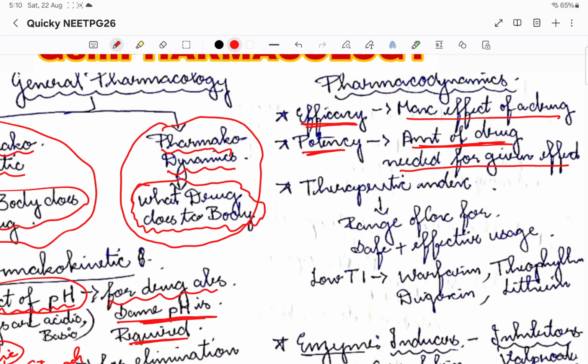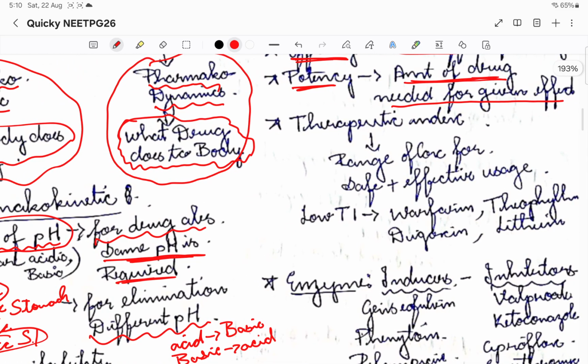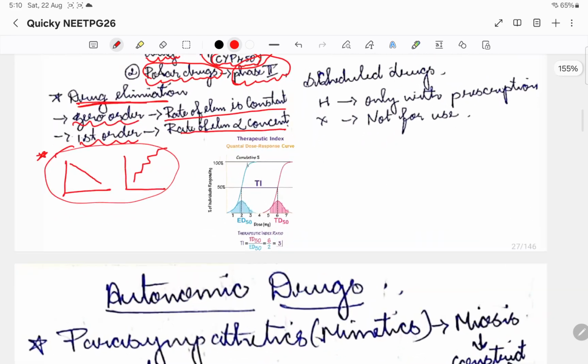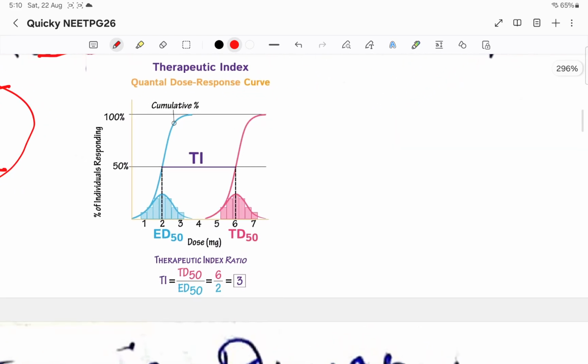Then coming to therapeutic index, it tells the range of concentration for safe and effective usage of that particular drug. So how to calculate therapeutic index? They are asking in our exams. This is how you calculate: TD50 by ED50.